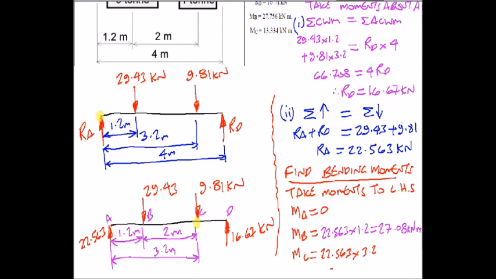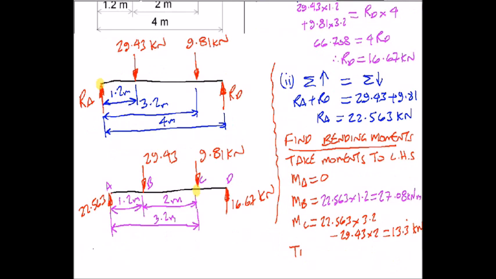I take away from that the 29.43, and that's multiplied by 2 meters in this case. Evaluate that. 13 1/3. If you want to check that figure out, 13.3 recurring. And again, it's kilonewton meters is the unit we're using there.